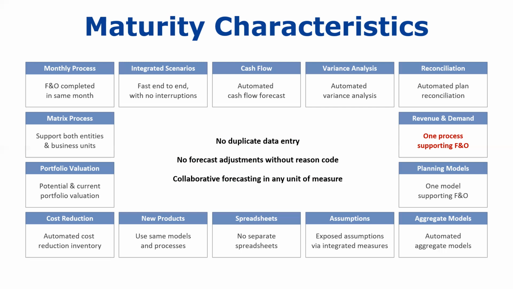As well, one of the things that's happening in the software world is that financial tools are getting into areas which were typically the domain of sales and operations planning tools, and that comes in the form of revenue and demand planning.